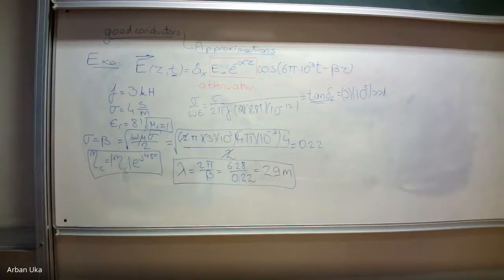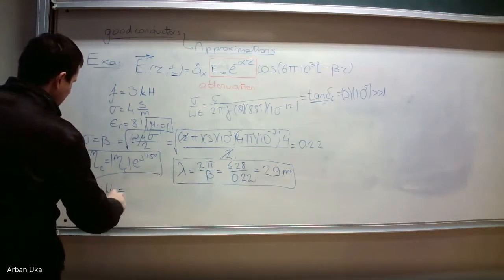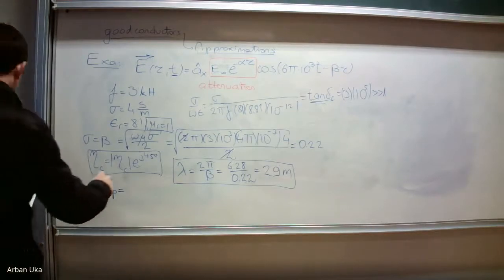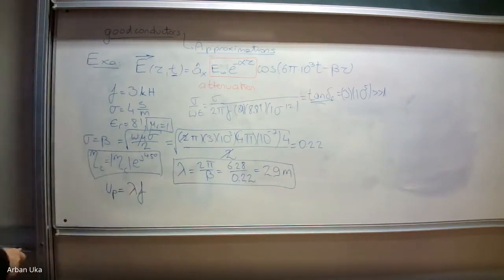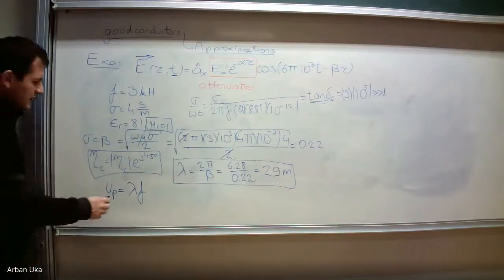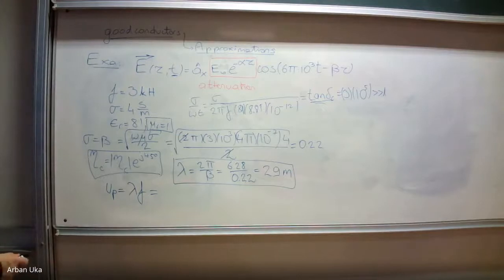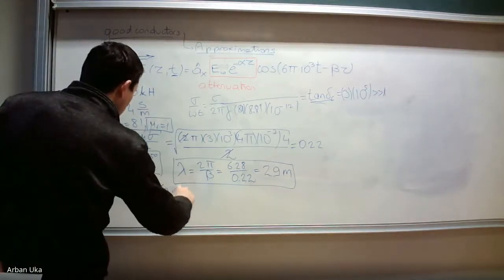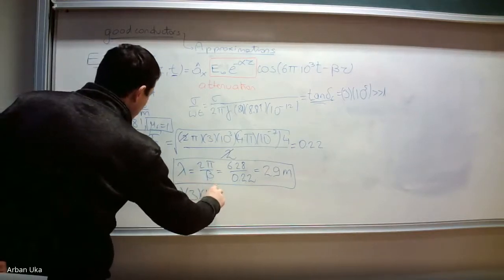And then we may want to figure out also the phase velocity or the speed of propagation. So the speed of propagation u_p, we can denote as lambda f. This is the relationship, because lambda is measured in meters, frequency is measured in inverse seconds, so we get a speed. So this is going to be equal to 29 meters, the wavelength, times 3 times 10 to the power 3.